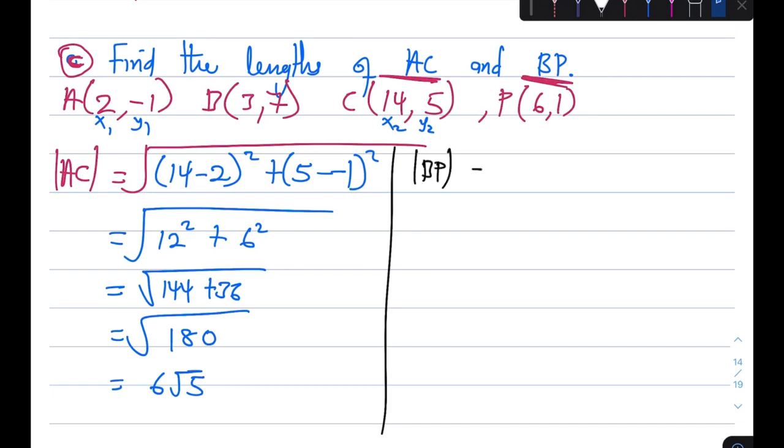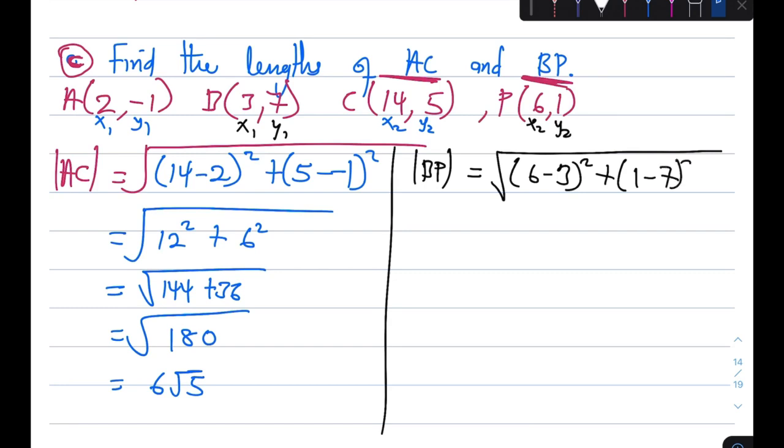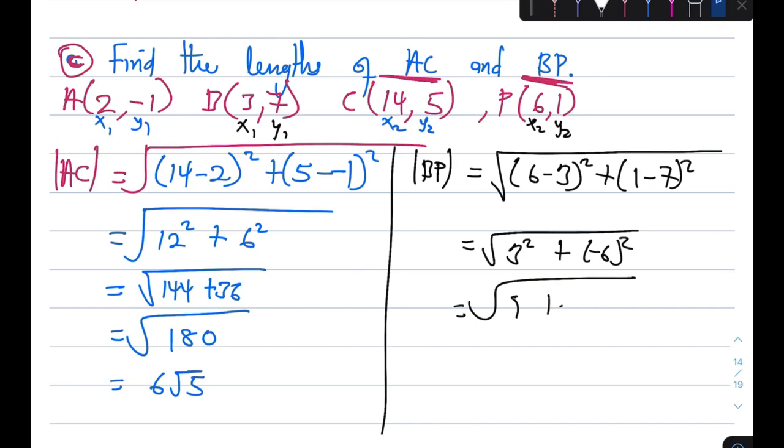Now let's move on to the line BP. They want us to find the length, so let me call this x1, y1, x2, y2. So I'm going to have 6 minus 3 all square plus 1 minus 7 all square. This will be 3 square, and that will give me negative 6, so I have negative 6 square and 3 square, which is definitely 9 and this is 36.